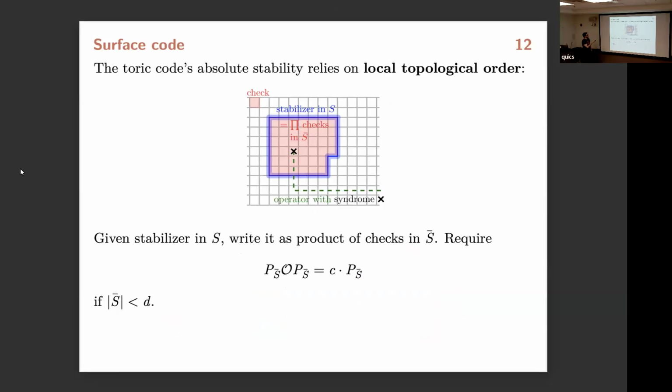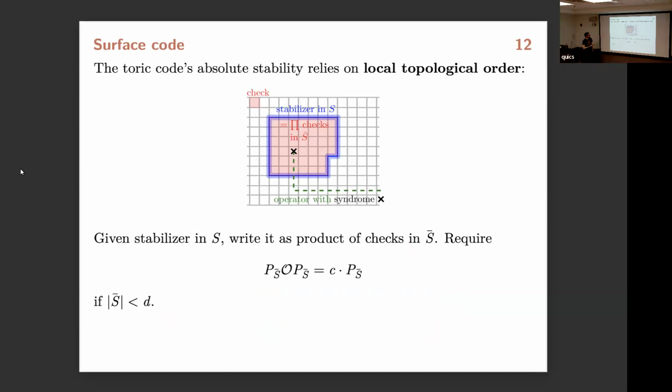In the toric code example, we have stabilizers that look like products of X's around a loop. We can always write this as the product of checks that are the local plaquettes in this lattice that fill the middle of the loop.